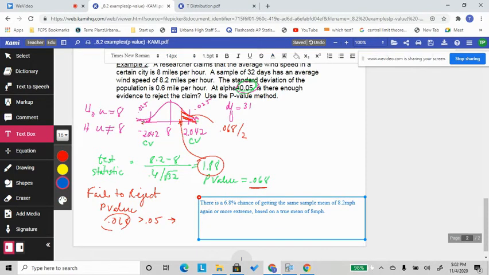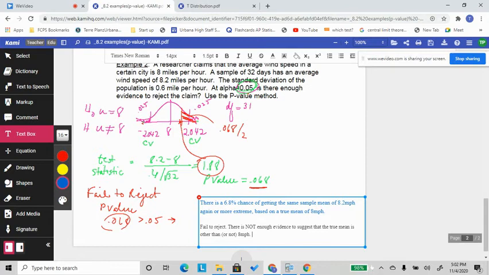And then you fail to reject. There is not enough evidence to suggest that the true mean is other than, or you can say not other than, 8 miles per hour.